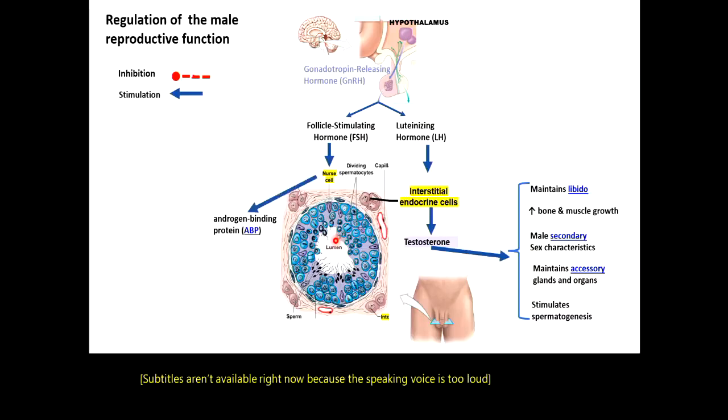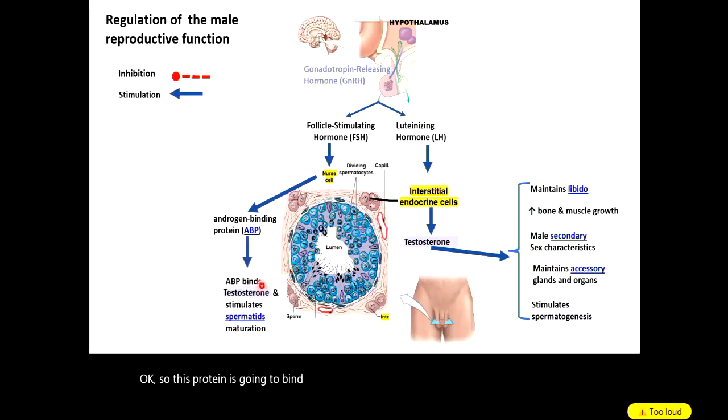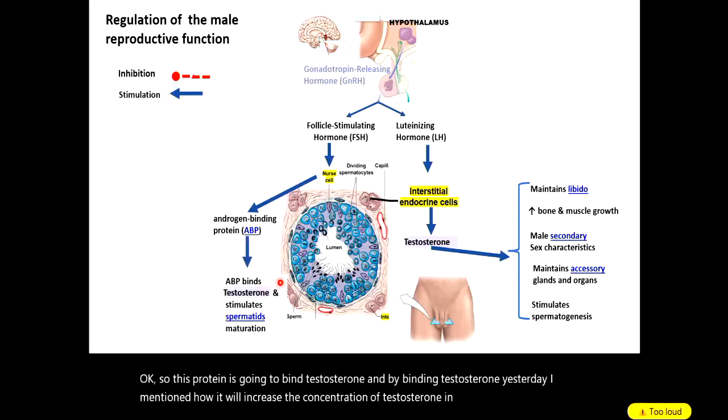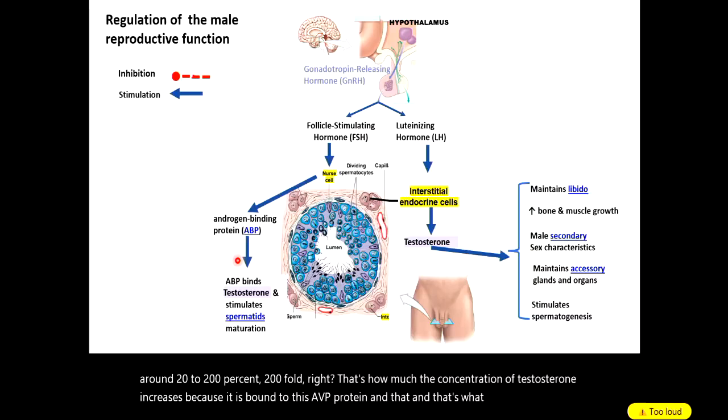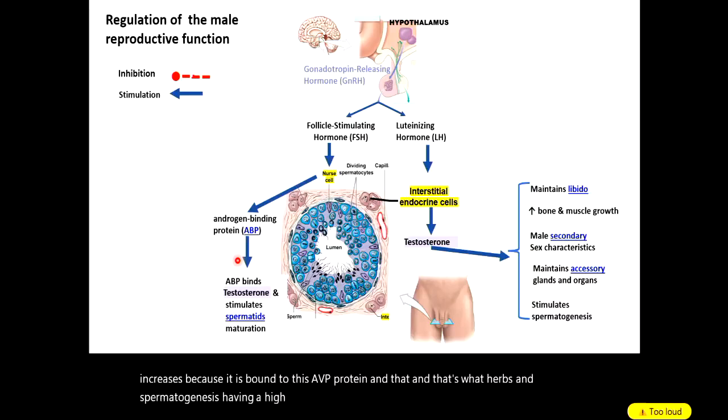This protein is going to bind testosterone, and by binding testosterone, as I mentioned yesterday, it will increase the concentration of testosterone in the seminiferous tubules by around 20 to 200-fold. That's how much the concentration of testosterone increases because it is bound to this ABP protein. And that's what helps in spermatogenesis, having a high concentration of testosterone.